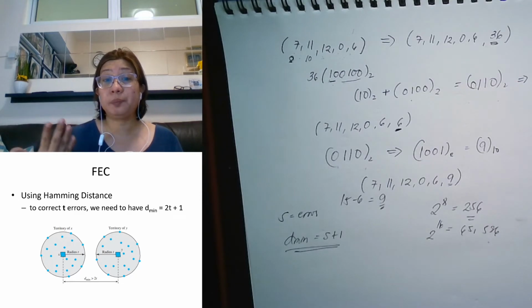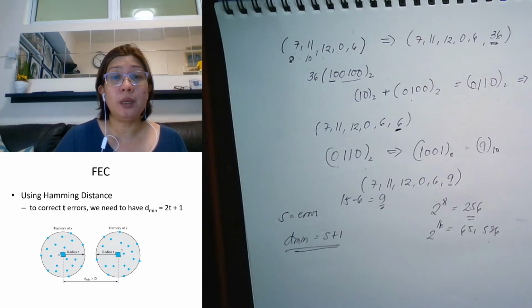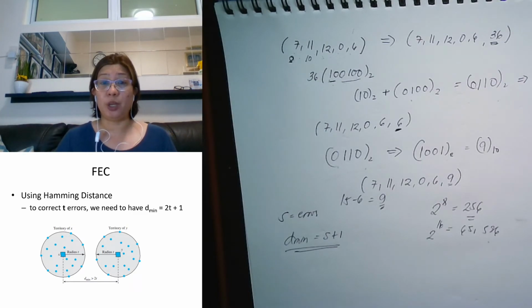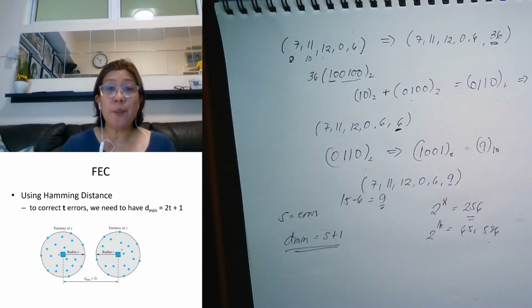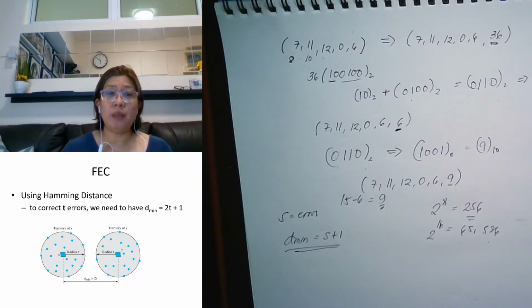So it is bigger or larger compared with the detection. If we want to correct 10 bits in a packet, we need to make the Hamming distance equivalent to 21 bits. That is 2 times 10, that is 20, plus 1.